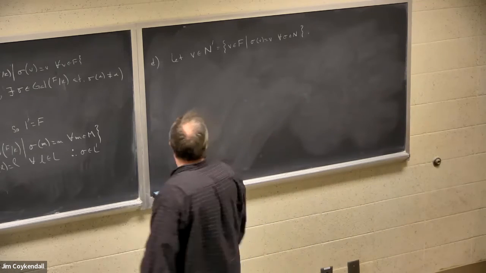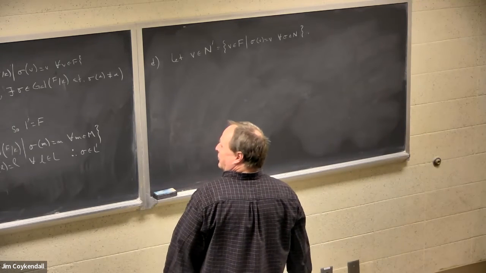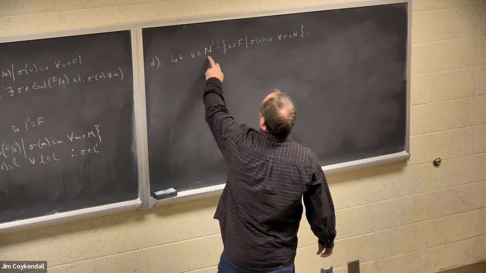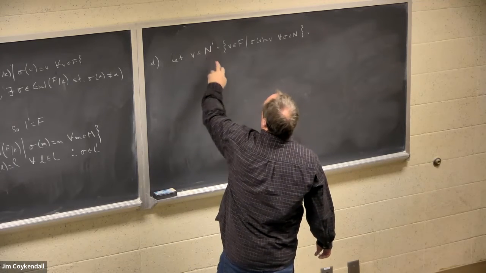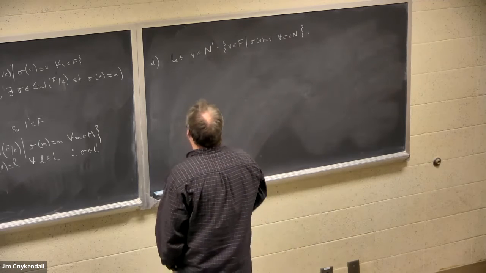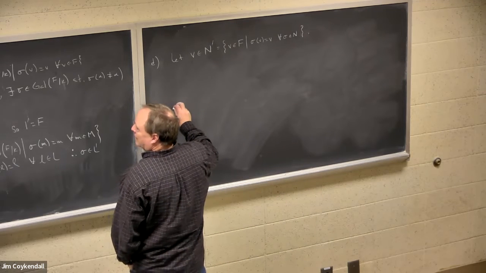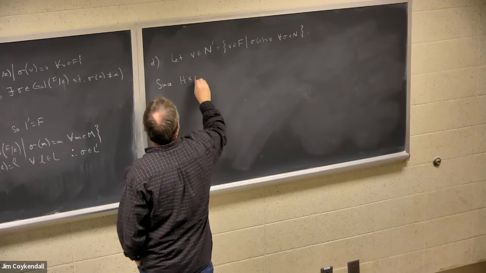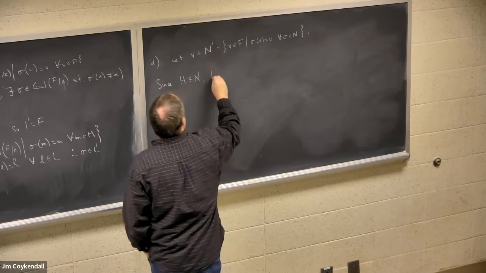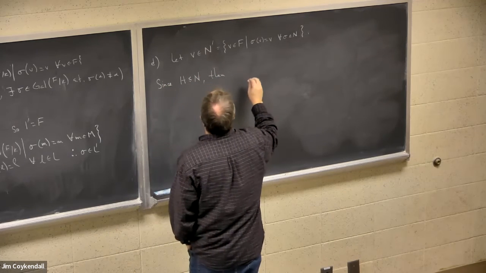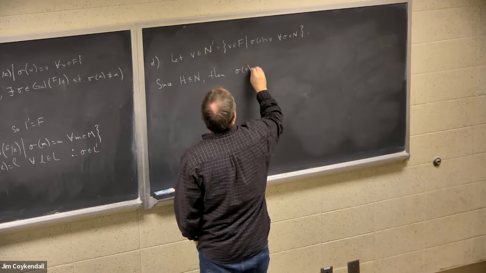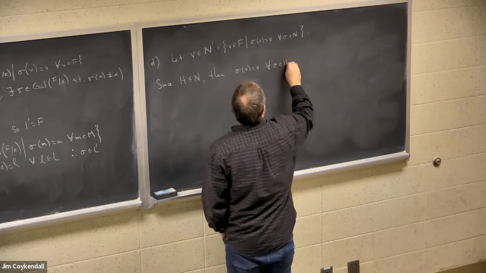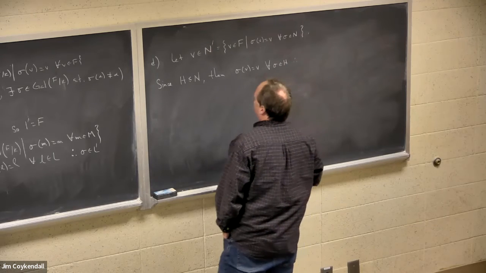Okay. And notice that what we need to do is show that V is in H prime, right? Well, since H is a subgroup of N, sigma V equals V for all sigma in H. Therefore, V is in H prime.